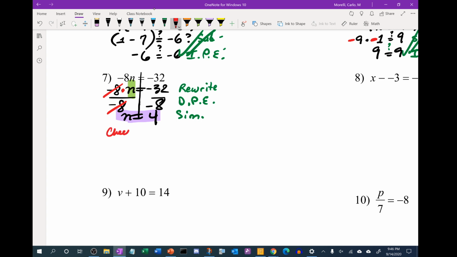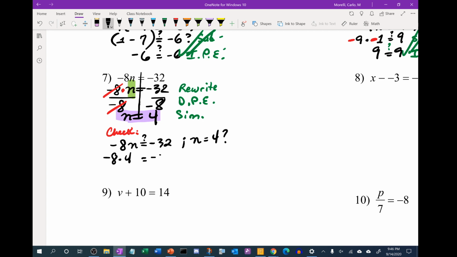Let's check this. Is it true that negative 8n equals negative 32 where n equals 4? Okay, there's my question. Is that true? Well, let's substitute and find out. Remember, negative 8n is negative 8 times n, so I can do negative 8 times 4.